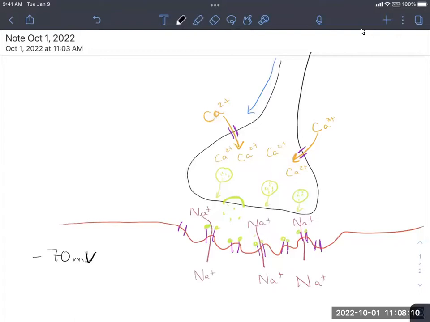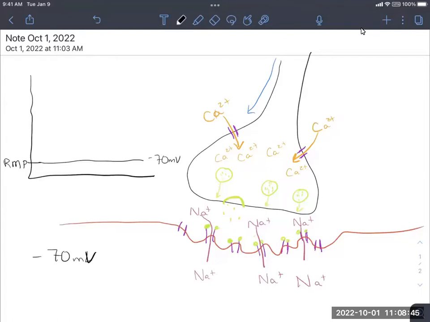So let me draw a chart over here to show what's going on. We have our resting membrane potential. That's at that nice negative 70 millivolts. We had this action potential come. It allowed calcium to flow into that neuron. That calcium triggers the synaptic vesicles to release their acetylcholine into that synaptic cleft.